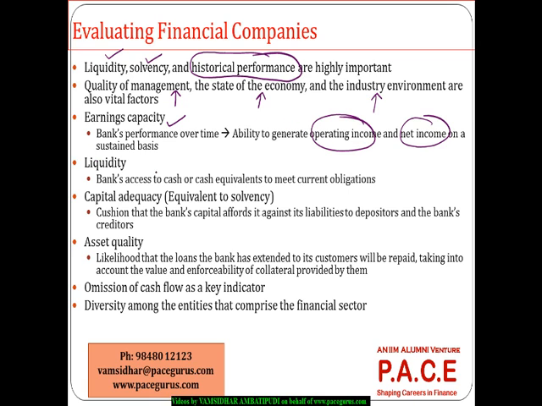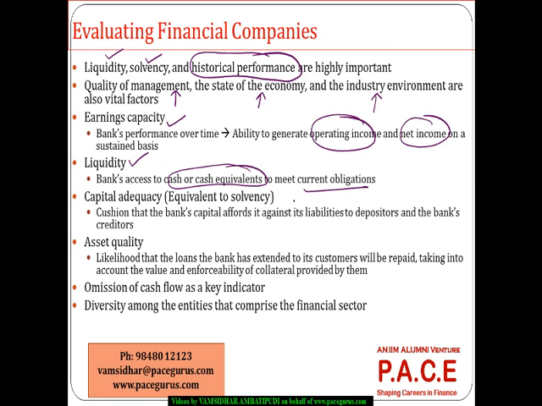Then we are talking about the liquidity, where we are focusing more on cash and cash equivalents. What is the kind of sufficiency of them, adequacy of them to meet the current obligations?